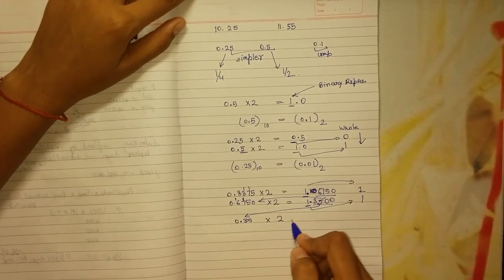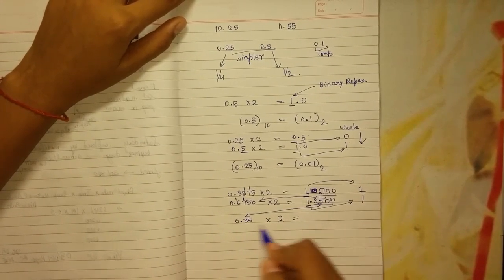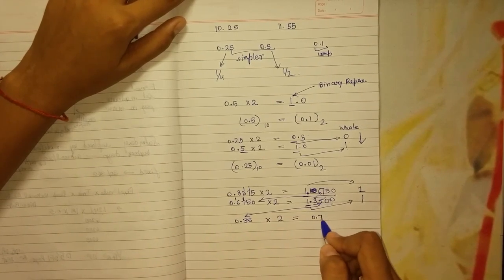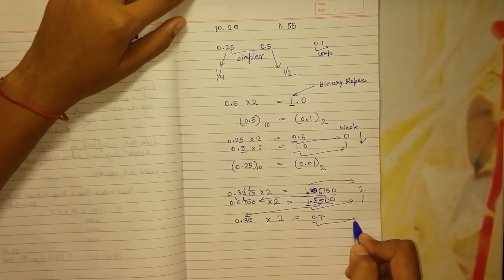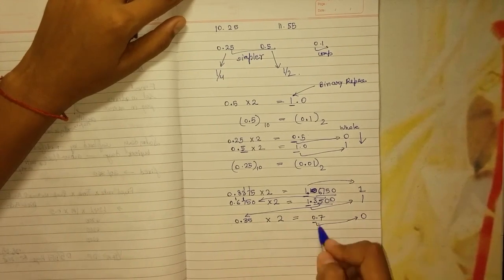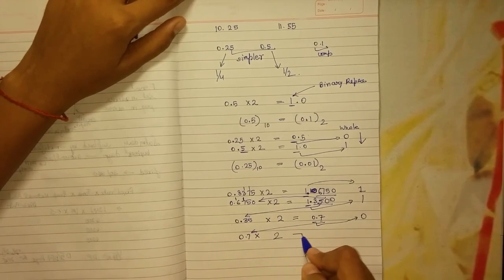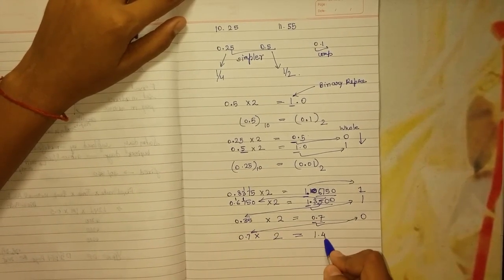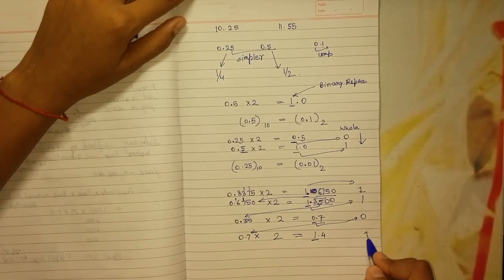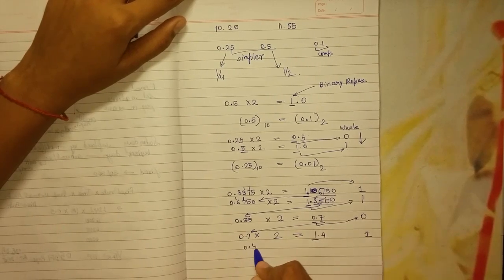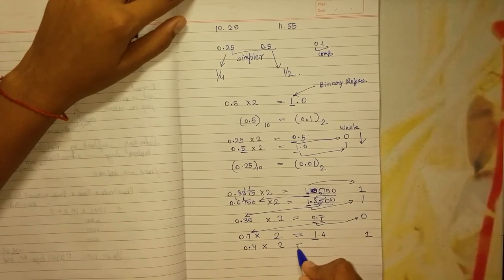0.35 into 2 equals 0.7. So we have 0 here, and 0.7 comes here. 0.7 into 2 equals 1.4. So 1 comes here, 0.4 goes here. 0.4 into 2 gives us 0.8.